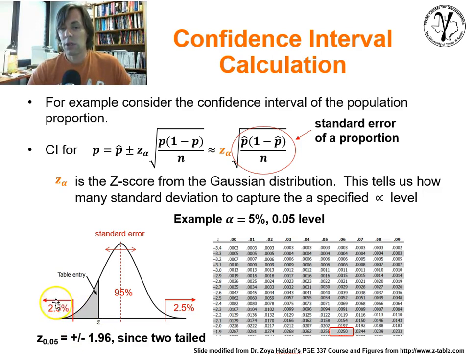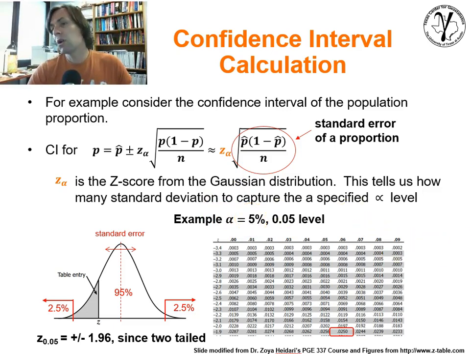But we're going to be considering not just the lower tail, but also the upper tail. In other words, the lower bound of the confidence interval and the upper bound of the confidence interval. So we'll just say plus or minus 1.96 is the z-score values we should be using to calculate the confidence interval for the proportion given an alpha at 5%.